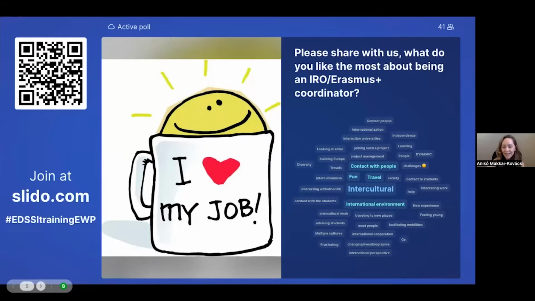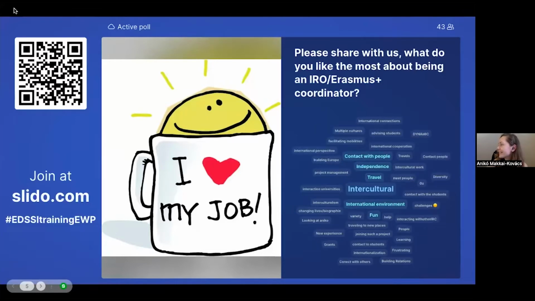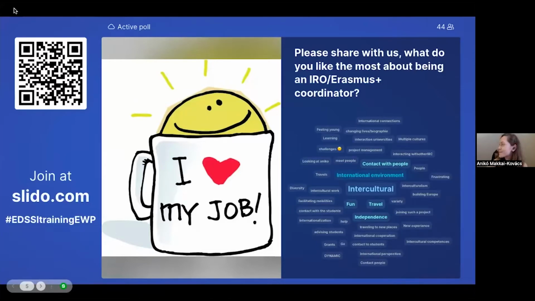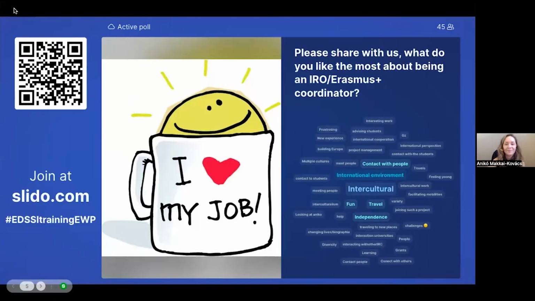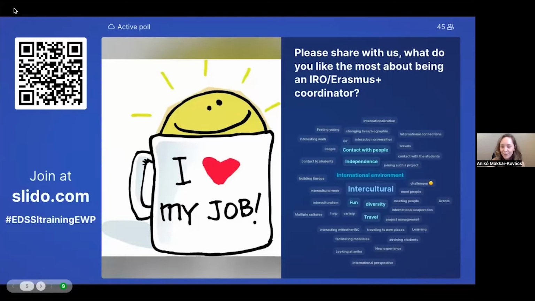Dynamic, and also building Europe. Okay, beautiful. Many answers. I leave you still to add keywords because we are going to save it and then we can recycle it.